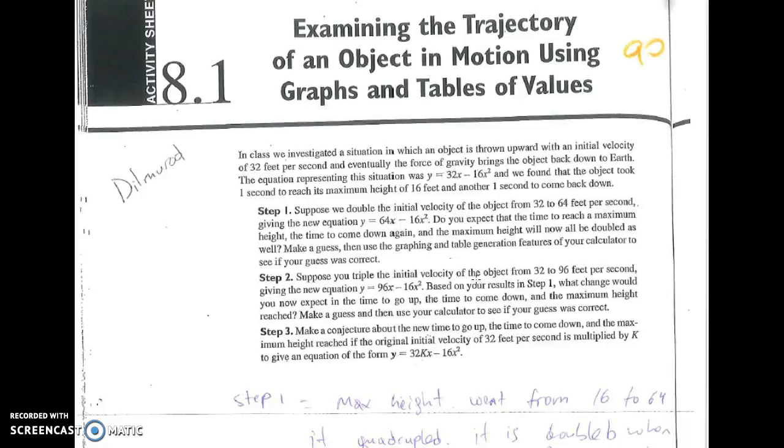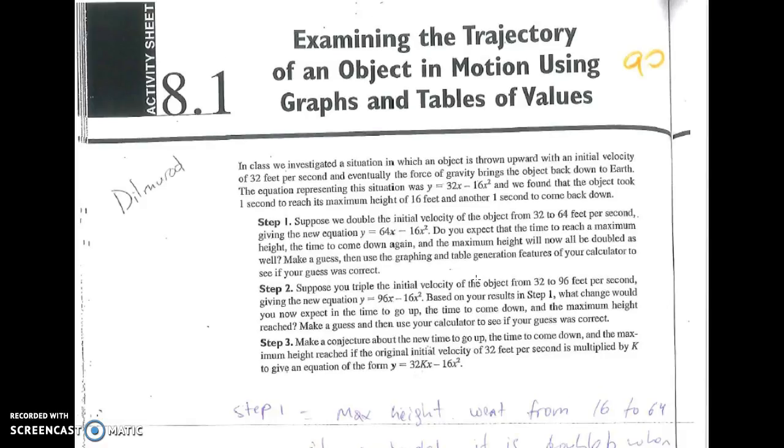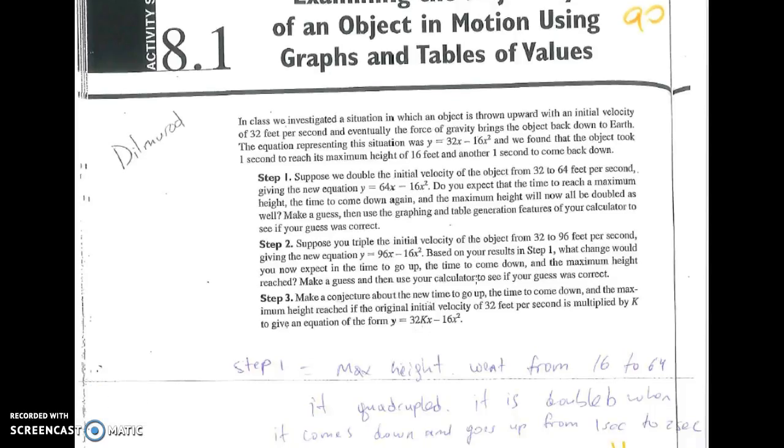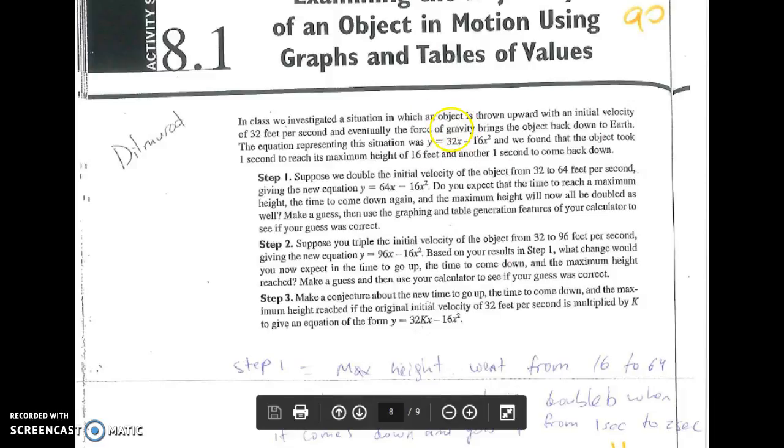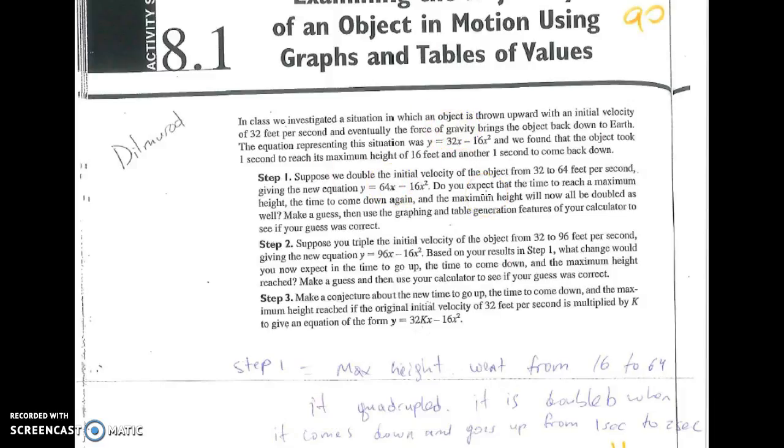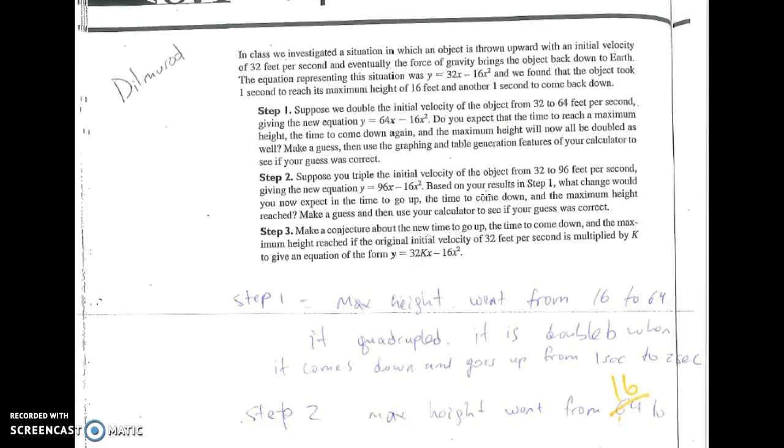And on this one, we played a little with the velocity of a thrown object, the height of the thrown object, and the trajectory of an object. As you can see here, we were given a function, and we had to double the initial velocity in the first step and see what happens.